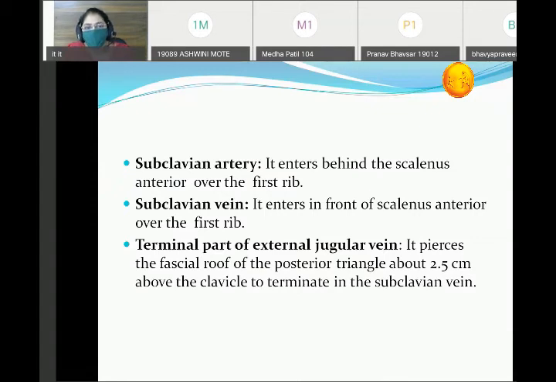The subclavian artery enters behind the scalenus anterior, and the subclavian vein enters in front of it. Then we see the terminal part of the external jugular vein in the triangle. It pierces the facial roof of the posterior triangle about 2.5 centimeters above the clavicle, and terminates into the subclavian vein.